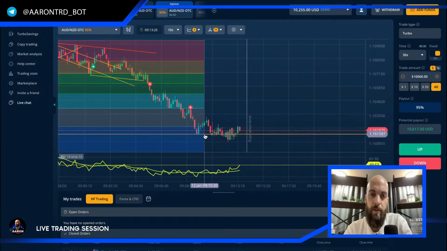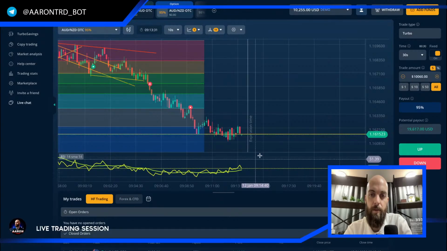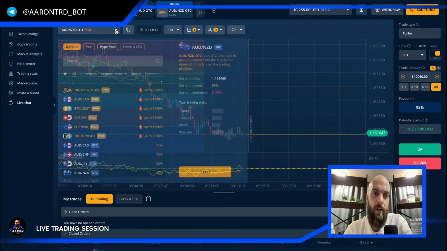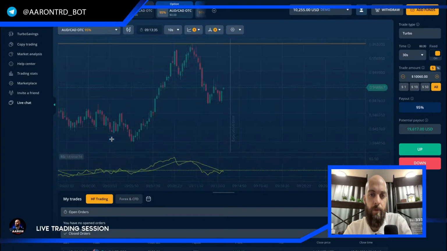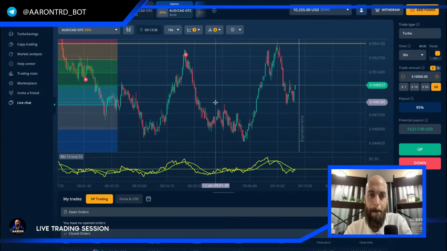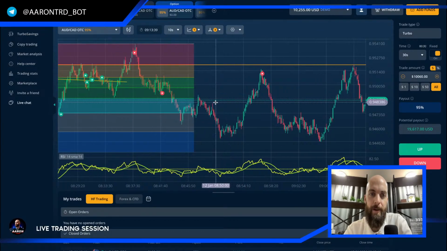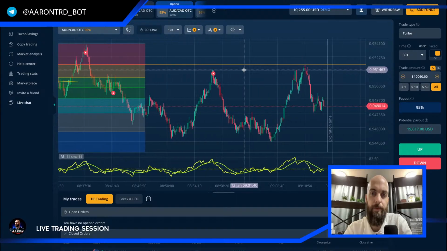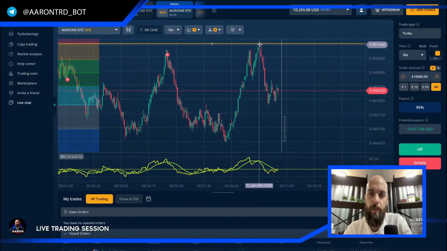So that's, see, there's the divergence here and here. Let's go back and check on AutoCAD. That was a good one. Wow, it's loving this line. Ooh, look at that perfect divergence. Wow.